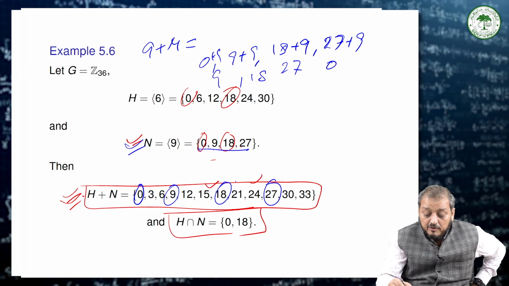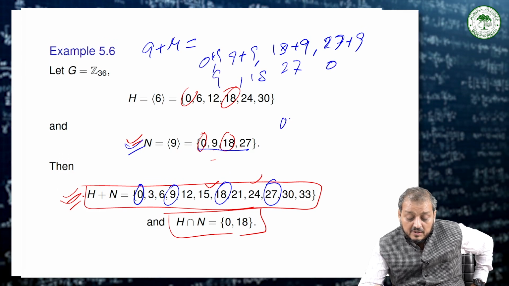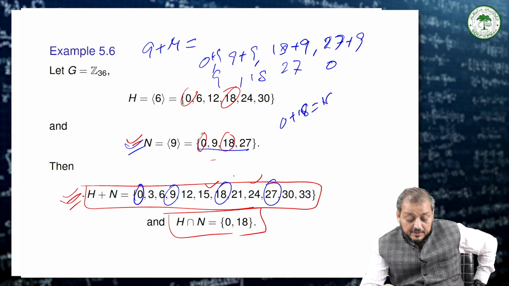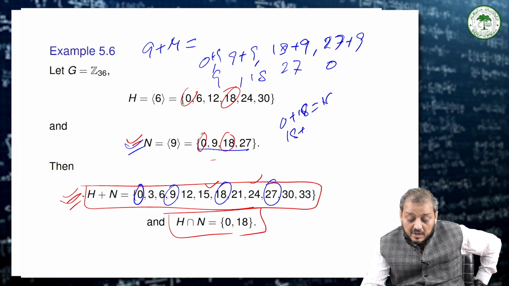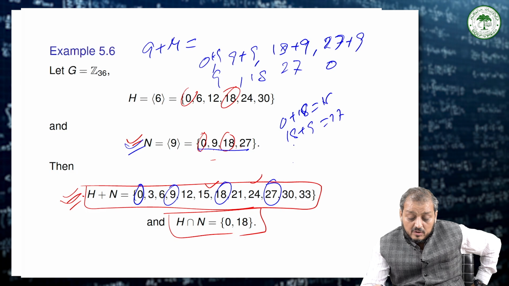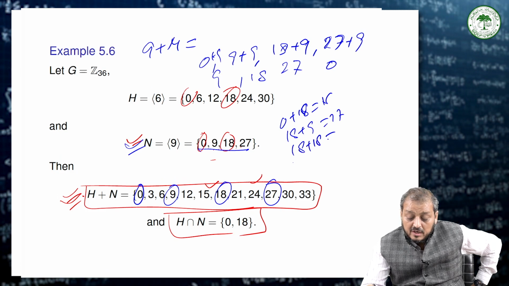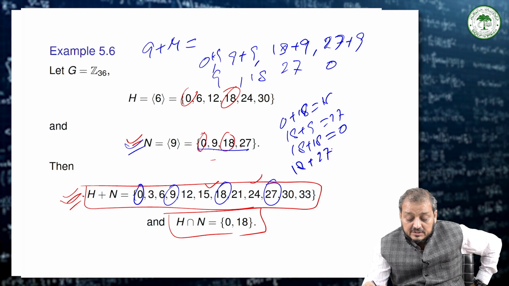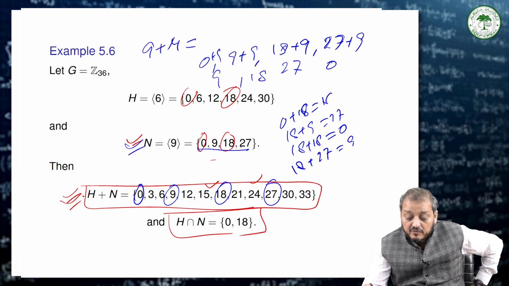Similarly for 18, if you have 0 plus 18, you have 18, and then 18 plus 9 is equal to 27, and then 18 plus 18 is equal to 36, which is equal to 0. Now 18 plus 27 is giving you again 9.